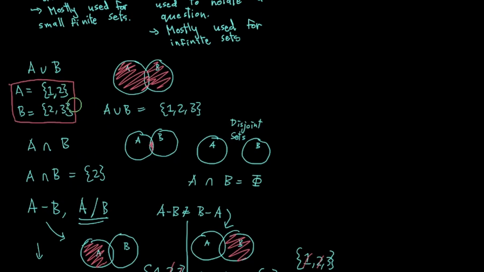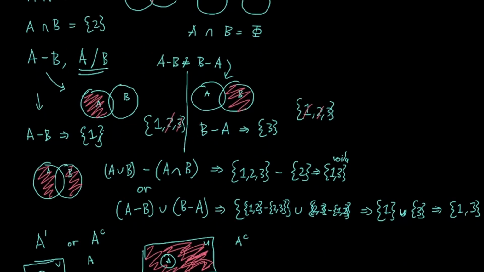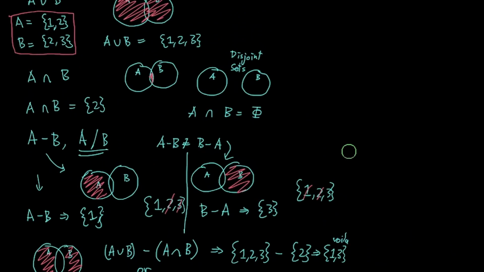And when you take two sets and A intersect B gives you the empty set, these sets are called disjoint sets. This basically means that the two sets have no element in common, except the empty set, because that is a subset of every set, right?